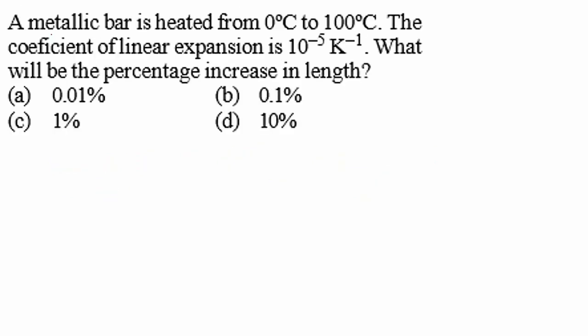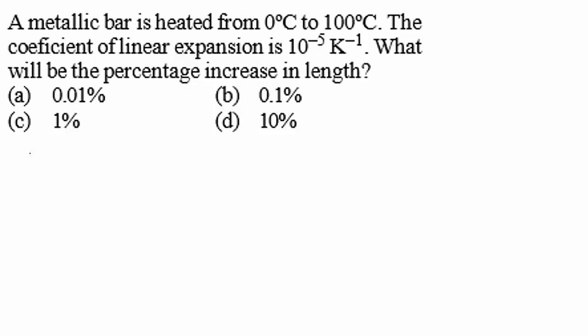A metallic bar is heated from 0 degree Celsius to 100 degree Celsius. The coefficient of linear expansion is 10 raised to minus 5 per Kelvin. What will be the percentage increase in the length? You already studied thermal properties of matter in class 11: linear expansion, superficial expansion and cubical expansion. Now this question is related to linear expansion of the metallic bar.